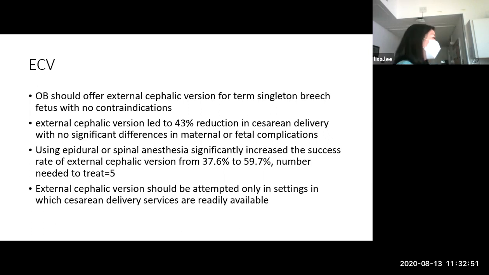And also, important, we have anesthesia in-house. We have the ability to do a stat section here. We don't really think about that, but if you were to go to private practice, you would want to make sure that you're only doing it in a place where you can do a stat section.